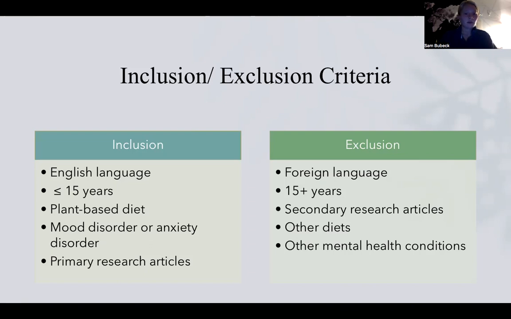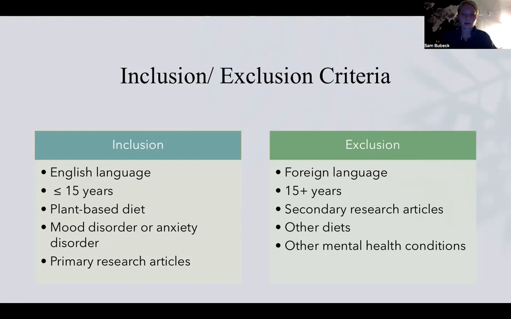It had to include a plant-based diet. We were not focusing on omnivores or carnivores. This was focused on those who consumed either the lacto-ovo vegetarian diets, the vegan diet, or the pescatarian diet. It had to include any kind of mood disorder or anxiety disorder.